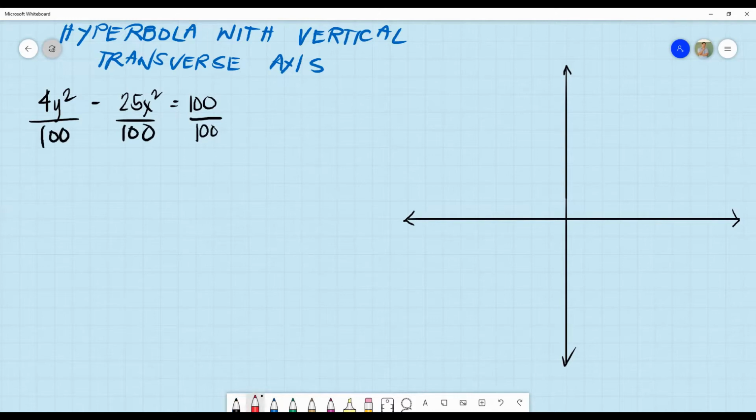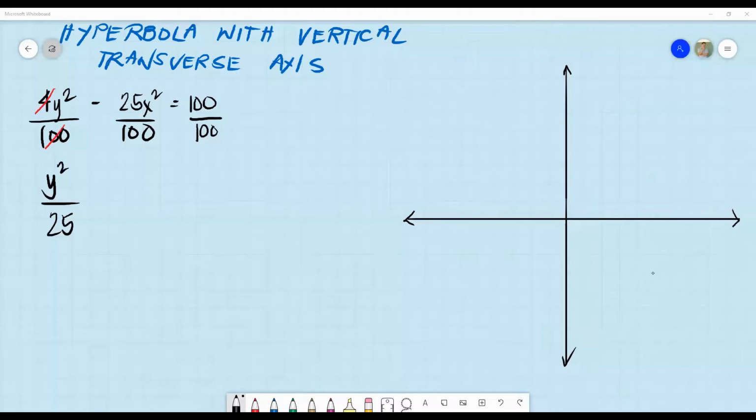So we will now have y squared over 25 minus x squared over, 25 divided by 100, this becomes 4.